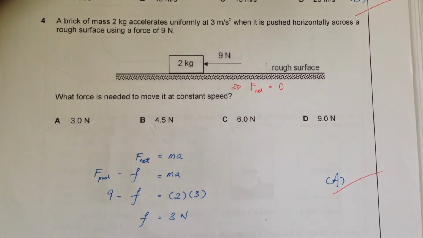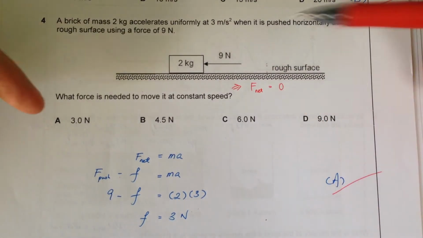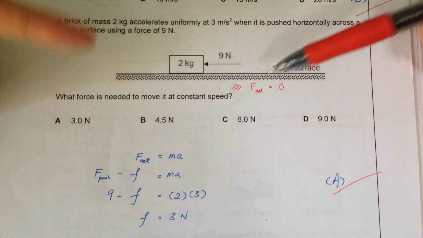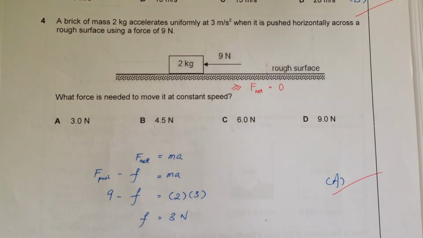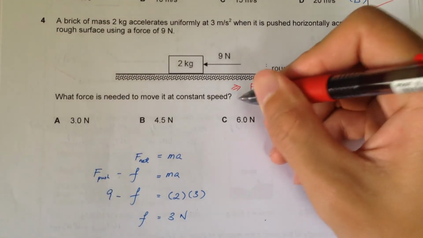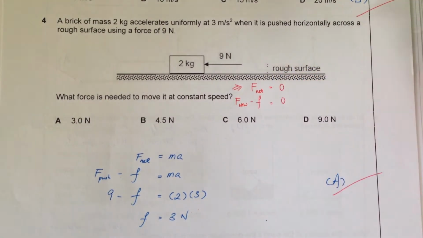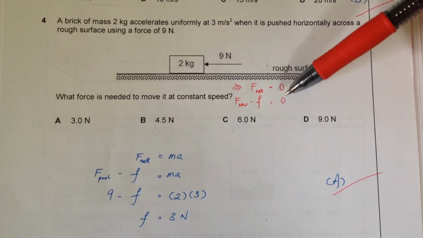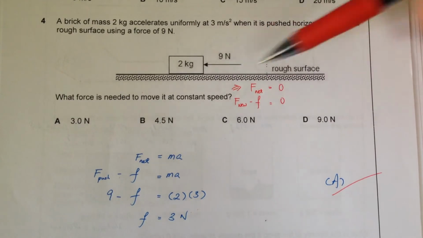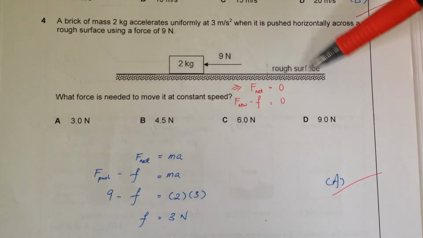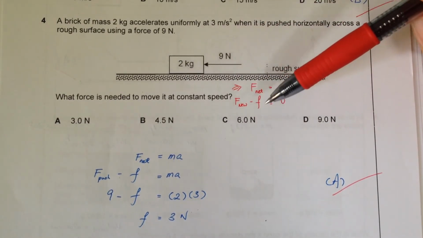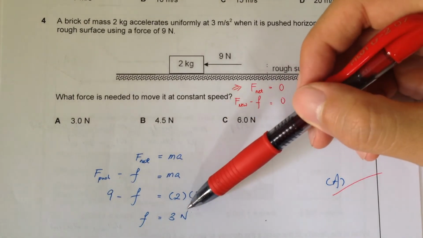Because acceleration is 0. So even though it is at constant speed, your net force still consists of two components. You will have your new pushing force and you will have the friction. Now, because friction is only dependent on the weight of the object and the surface condition, the weight does not change, so your friction will still be the same as this value.